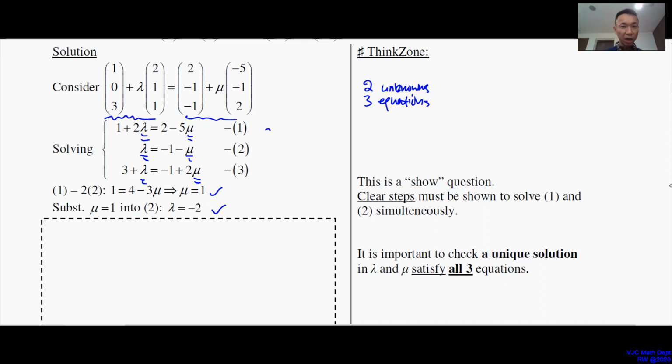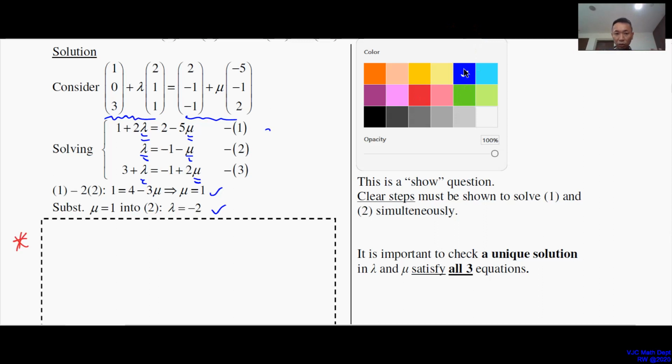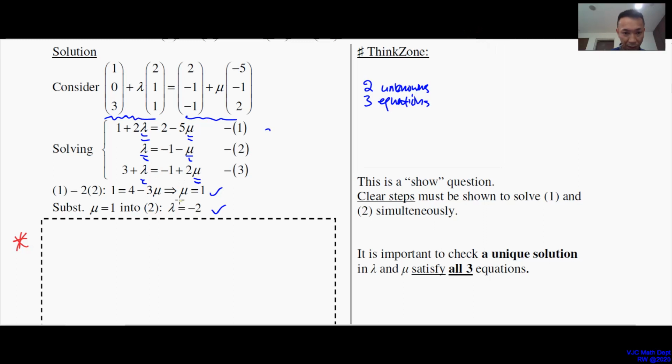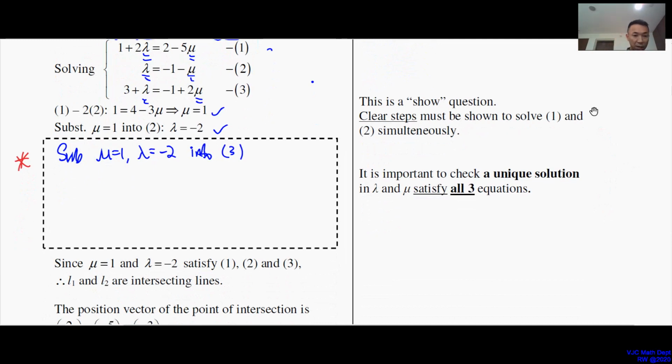Now, what about the third equation? I want to emphasize this step is very important. What we have just shown is that lambda and mu satisfy equation 1 and equation 2. We have not considered equation 3 at all. So we need to substitute mu equals 1, lambda equals minus 2 into equation 3. How do we do that?